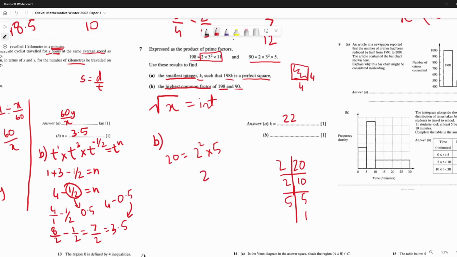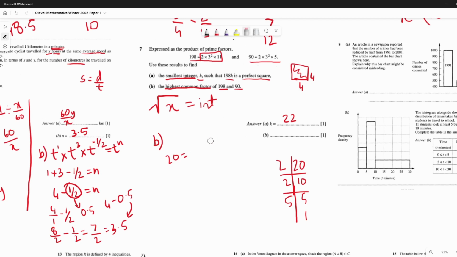So 2 times 5 is 10, and then a 2 gets left over, which makes 20. That gives us a factor of 20, as well as 4 times 5 is also 20. And 20 times 1 is also 20.